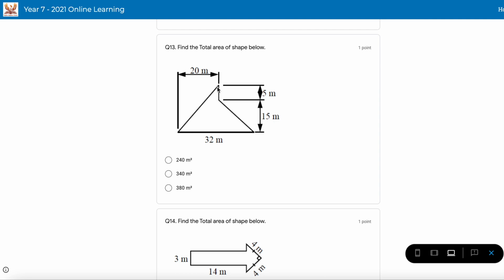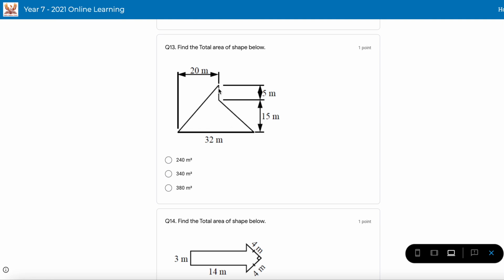So what have we got? What information do we know about this length? Well, I'm going to come over here to these parallel lengths because I think they're going to tell me a bit of information about this length here. I can see that this length from here to here, that's 5 meters. And I can see that this length from here to here, well, that's 15 meters.